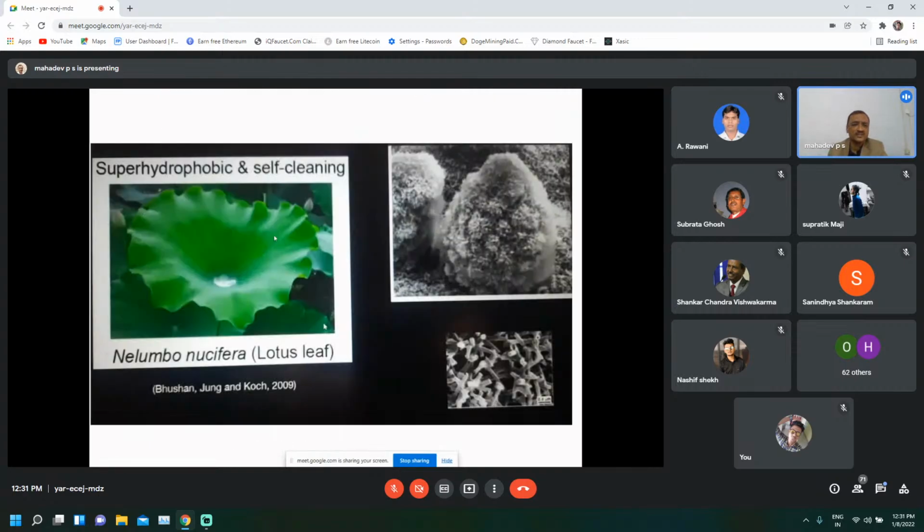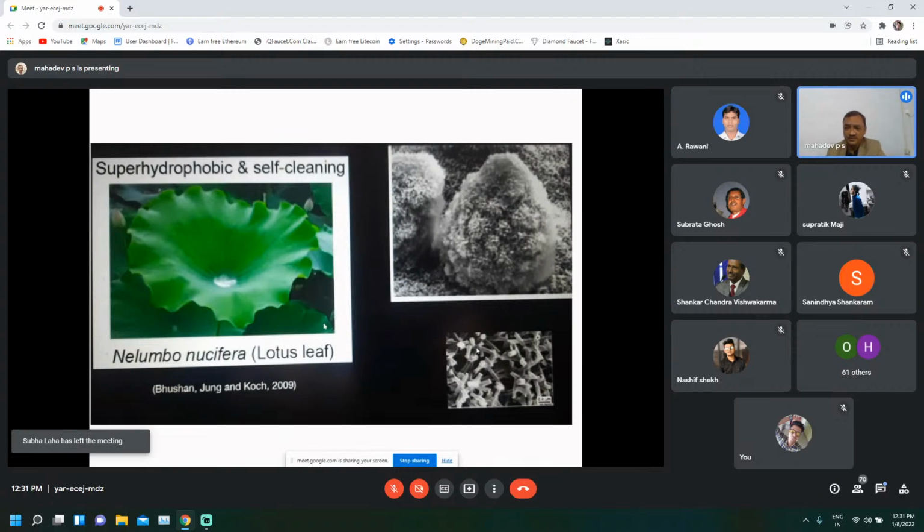You can see the super hydrophobic effect and self-cleaning property. The lotus always grows in muddy water, but always looks clean. This is the texture or structure obtained when seen under SEM, taken from Bhushan, Jung and Koch, who made a detailed research study on these lotus leaves.